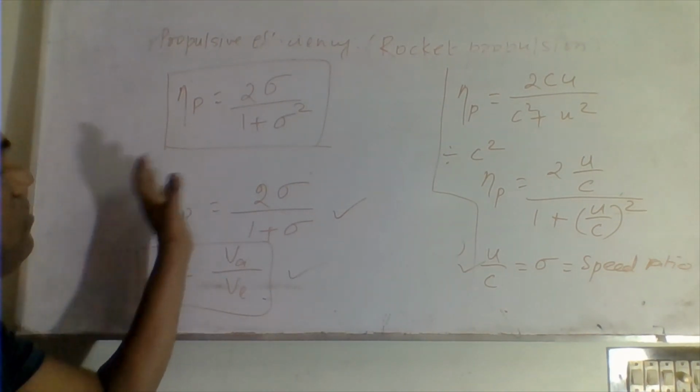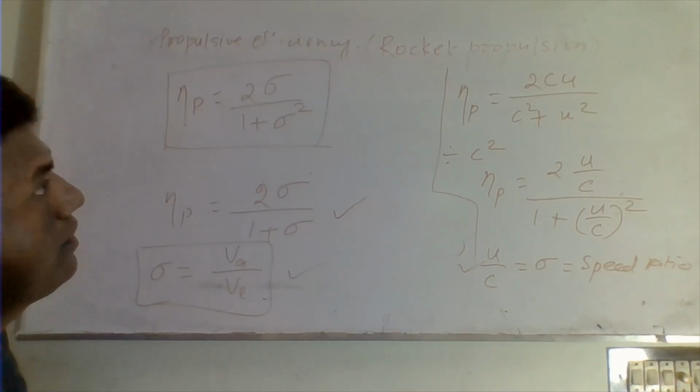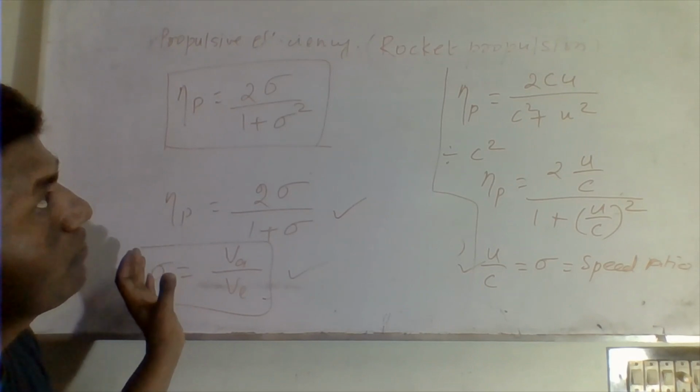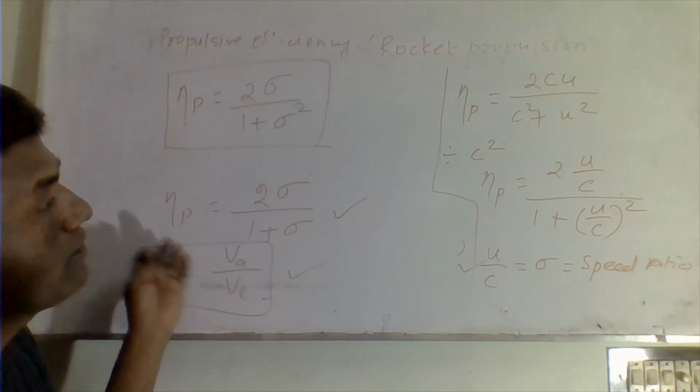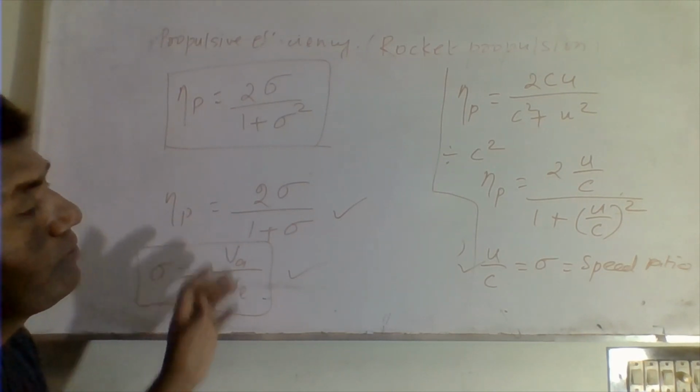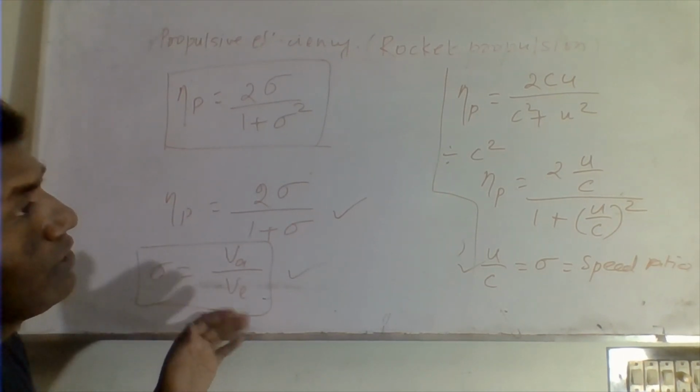So this is about propulsion efficiency, and the rest of the efficiencies remain the same. Thermal efficiency we generally define as the ratio of the power output to the power input.